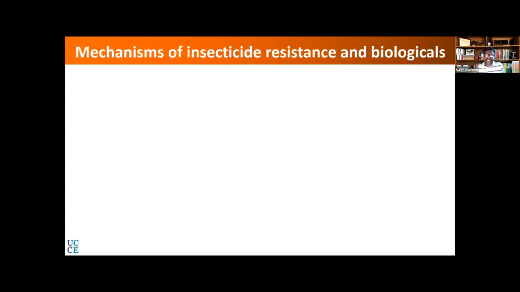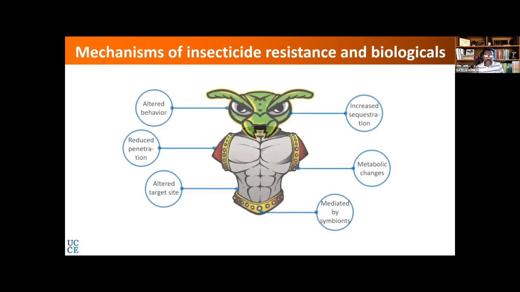Then mechanisms of insecticide resistance and for biologicals. I'm not going into the details, but I quickly want to bring your attention to these various mechanisms, how insects or arthropods develop resistance, either by altering their behavior, reducing the penetration of the target, or the pesticide, or changing the target site, or getting rid of it, increasing the sequestration within the body, or some metabolic changes that make the toxin or pesticide less harmful.